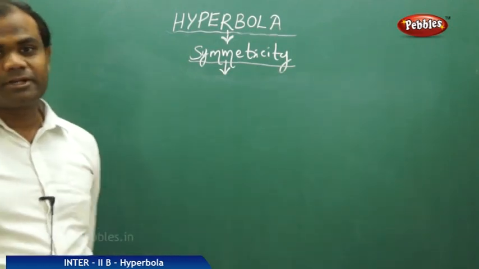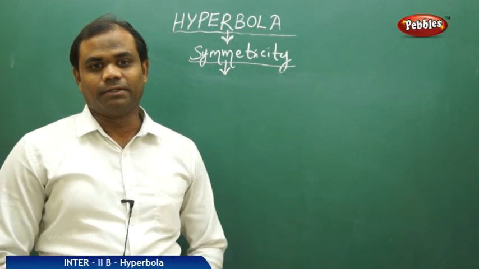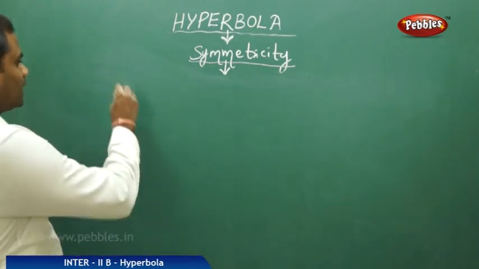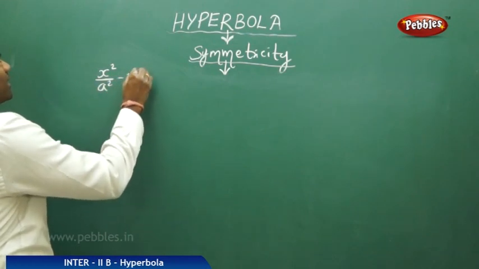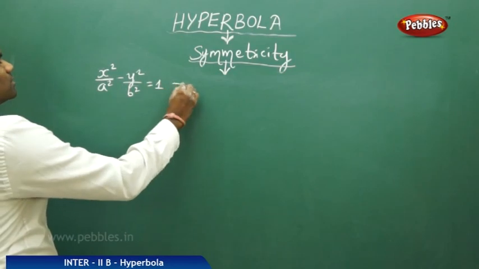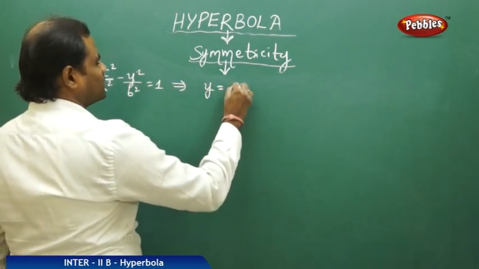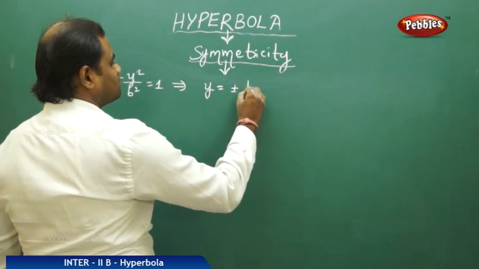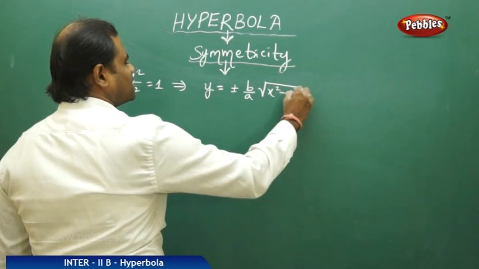Now let's see the symmetry of the hyperbola with respect to the x-axis initially. For example, I have the standard equation of the hyperbola as x squared by a squared minus y squared by b squared equals 1, which implies y is given by plus or minus b by a root of x squared minus a squared.